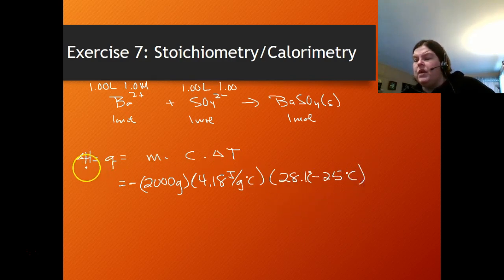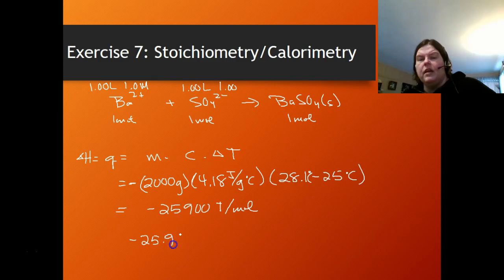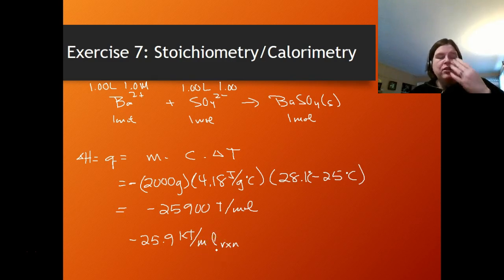Okay, so we end up getting negative 25,900 joules per mole. But if we change that to kilojoules, we get negative 25.9 kilojoules per mole of reaction. Okay? So we didn't have to do too much of anything to get that, except to understand that we had 1 mole of this and 1 mole of this to 1 mole of this, and everything came out to be just fine.